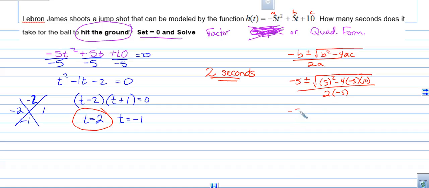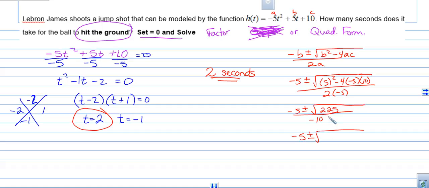Okay, so I get negative 5 plus or minus the square root of, that's 25. That gives me 20 times 10, which is 200. 25 plus 200 is 225 over 2 times negative 5, which is negative 10. Okay, now 225 is a number I've told you to memorize as a perfect square, and that is 15.